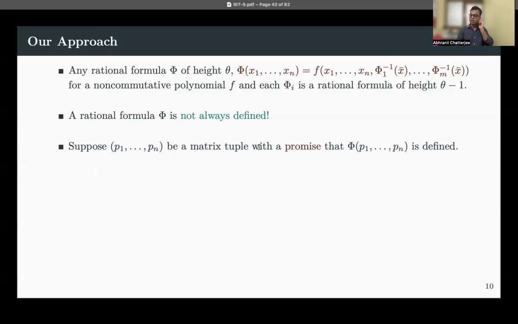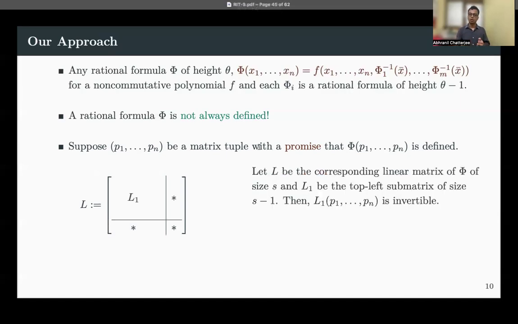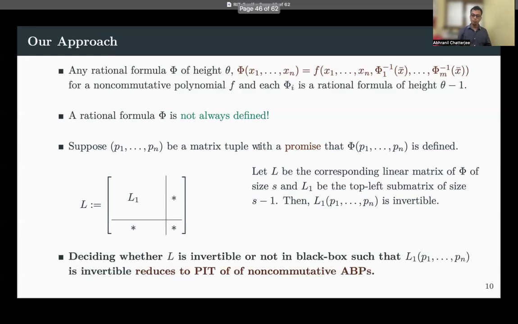In that case, we revisit the reduction from rational identity testing to non-commutative singular. If we have such a matrix tuple P1 to Pn, for the corresponding linear matrix L, suppose that linear matrix L is of size s. If you look at the top left submatrix of size s minus 1, call it L1, that L1 will be invertible on that matrix tuple P1 to Pn. Moreover, we can test non-commutative singular in black box with that special property, where we have a matrix tuple on which the top left corner is invertible.